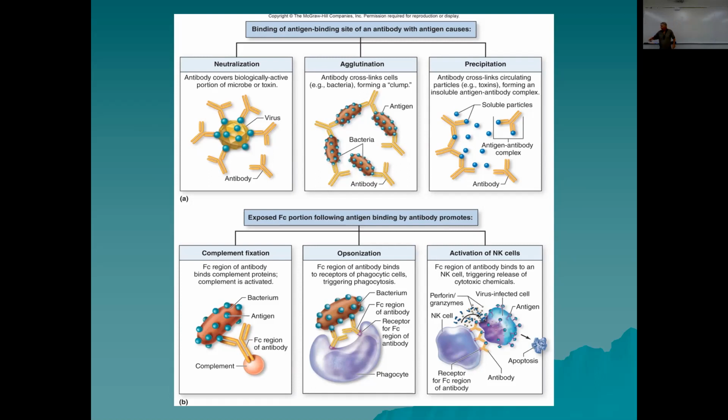Opsonization. These bacterium, whatever, is covered with antibodies and it stimulates phagocytosis by a phagocyte, the neutrophil or macrophage. Then activation of natural killer cells. And this works the same way as T lymphocytes do. The secretion of perforins and granzymes to open a big hole in the cell and put the granzymes in and just chew it up.